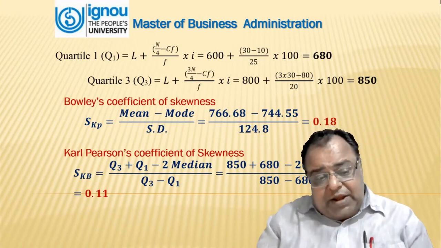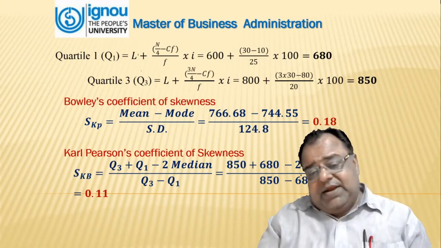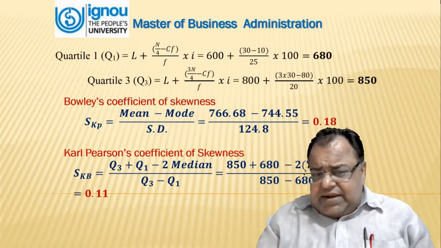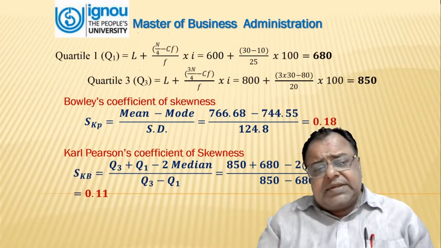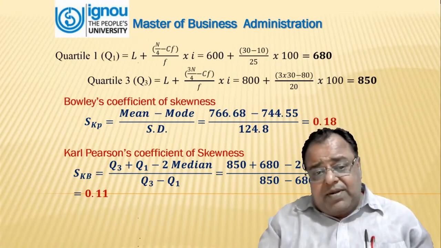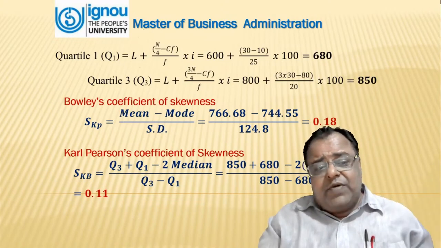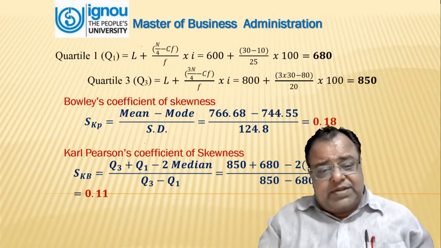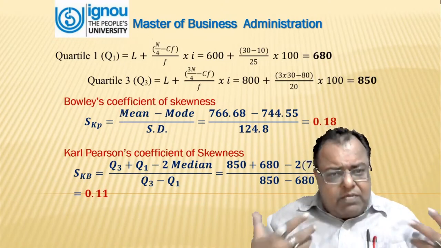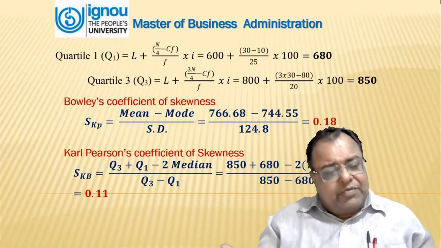We get a value of 0.18. We can see that for a particular problem, we are applying two coefficients of skewness and we are getting almost the same result.